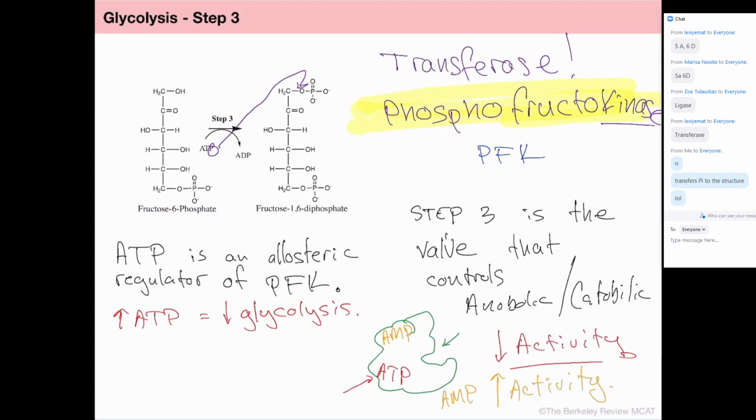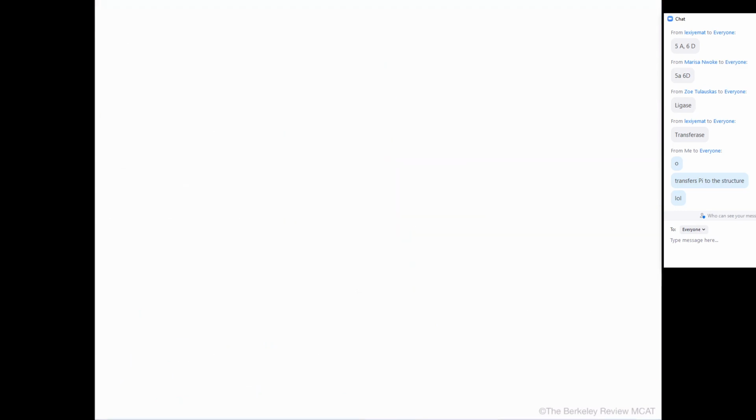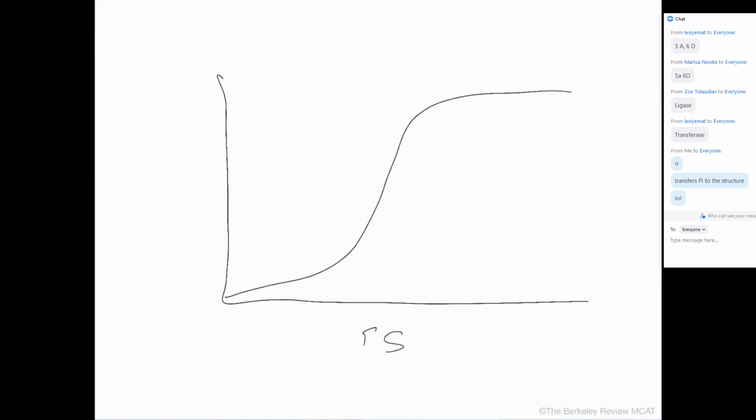So this would be the classic allosteric regulation curve. You have the normal substrate to velocity, and then you have your allosteric regulators.